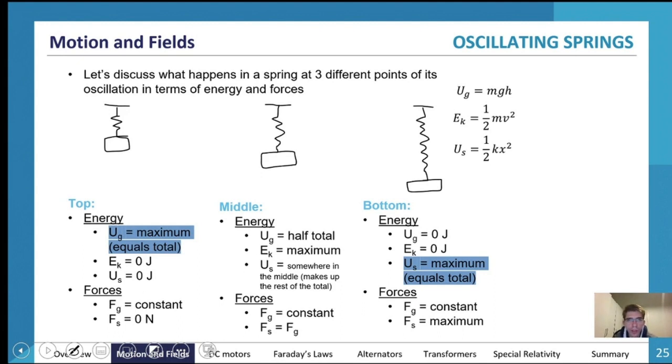Let's discuss what happens in a spring at three different points of its oscillation in terms of energy and forces. At the top, here it has maximum gravitational potential energy, but because it's not moving, it has zero kinetic energy and zero elastic potential energy.